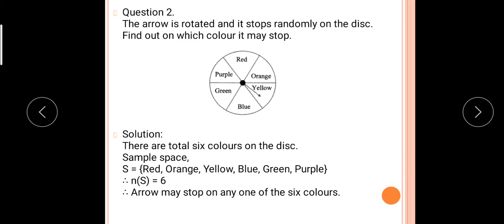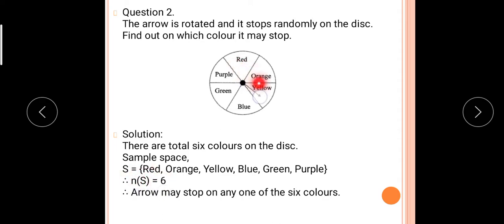Okay, now the arrow is rotated and it stops randomly on the disk. Find out which color it may stop on. Now listen, all of you know this very well. This is a round disk. On this round, there are 6 colors and one arrow. After moving the round, what are the possibilities for this sample space?